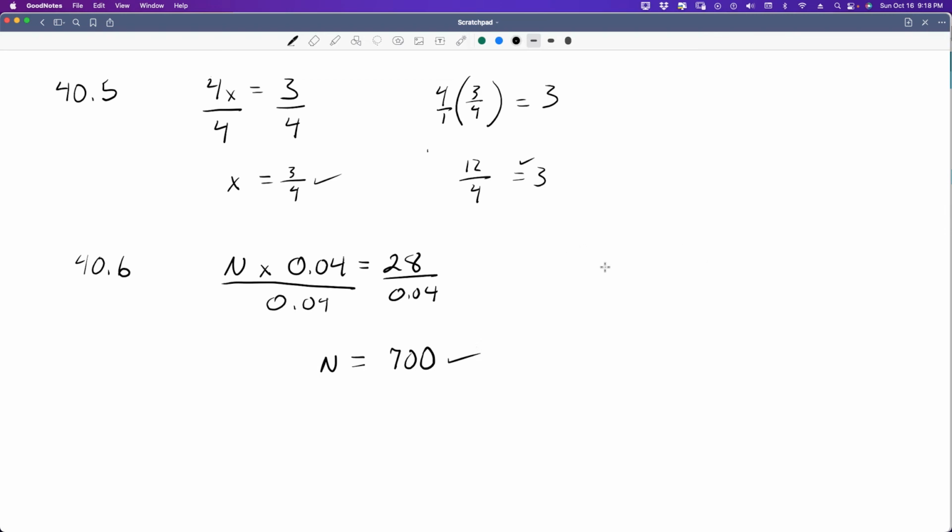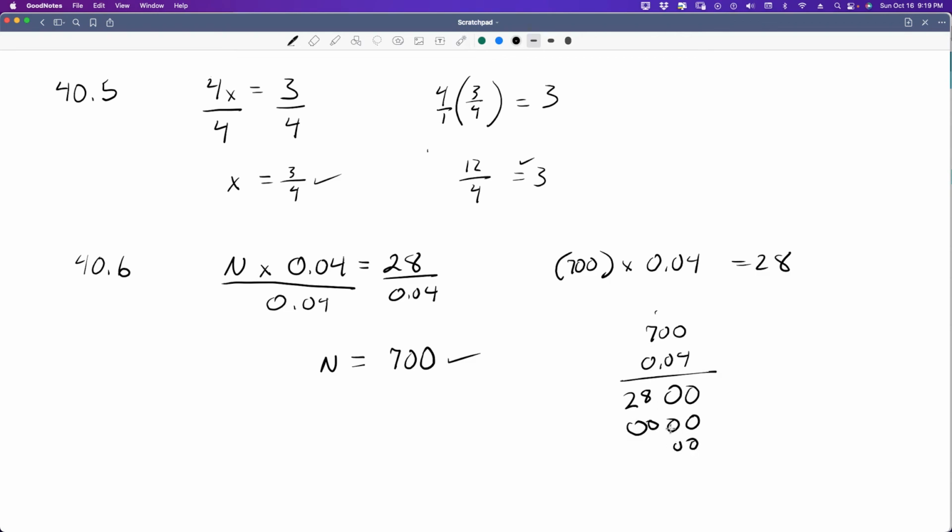All right, I can illustrate that for you. We just put 700 in here times 0.04, and that would equal 28. And I'll just go ahead and show you, just for funsies. 0.04, that'd be 0, 0, 28, and then 3 zeros.